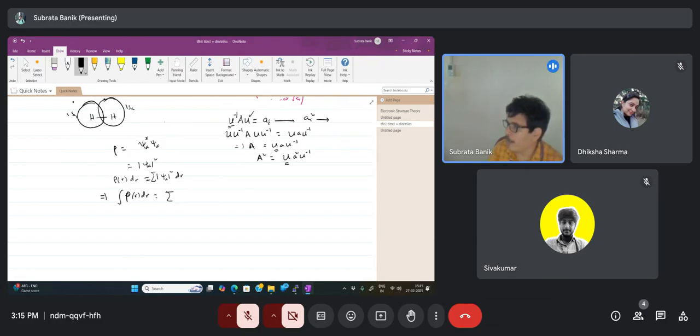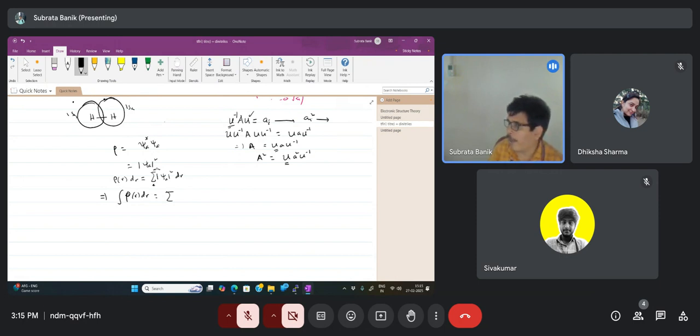This is for one orbital, but I have n electrons. In space coordinates, I have n by 2 orbitals, so the sum runs from 1 to n by 2.